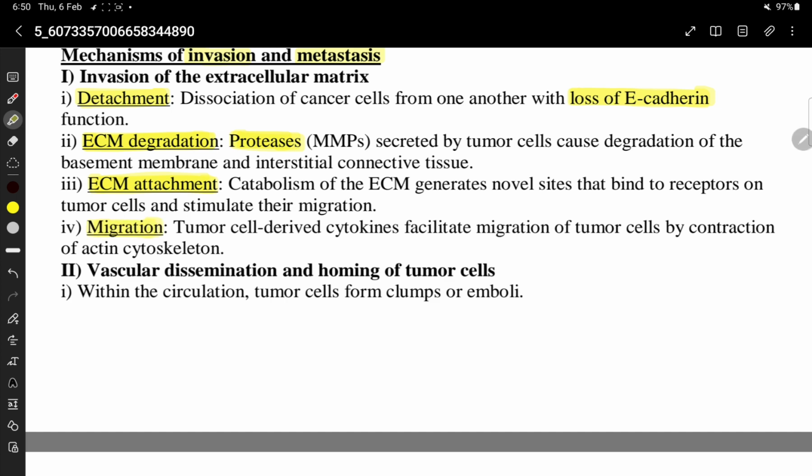Migration: tumor cell derived cytokines facilitate migration of tumor cells by contraction of the actin cytoskeleton.